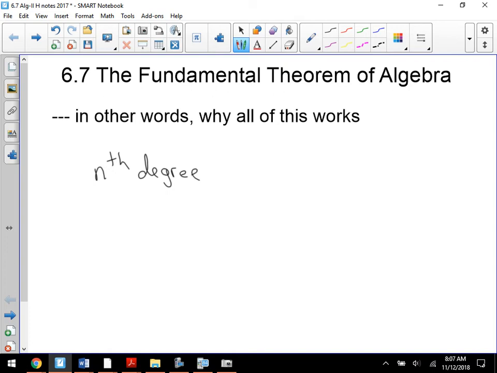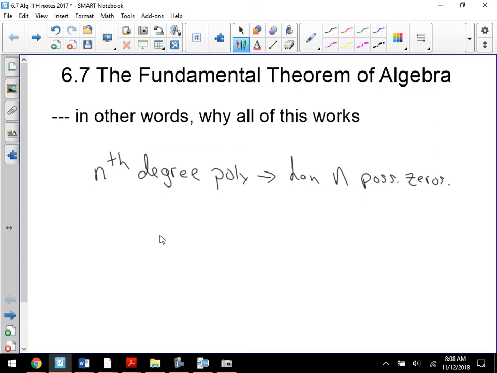So, as we were saying before, as we've gone through this over and over again, nth degree polynomials have how many possible zeros? N possible zeros. Do those zeros have to be real?